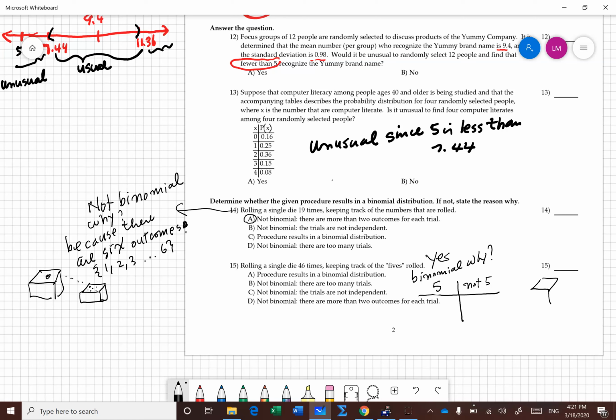If you get 1, 2, 3, 4, it belongs to not 5. Anything other than 5 belongs to not 5. So we have only 2 outcomes. With 2 outcomes, it is binomial. The answer is A. All right, let's go to the next page.